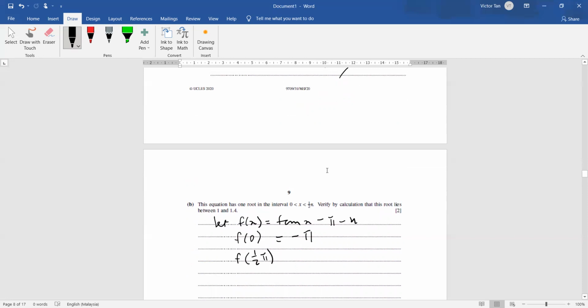So this is just a positive infinite value. So one is negative, one is positive, of course, so there is a root. Nice. Oh, f(1.4), not half pi, sorry. Sometimes you must read the question properly.